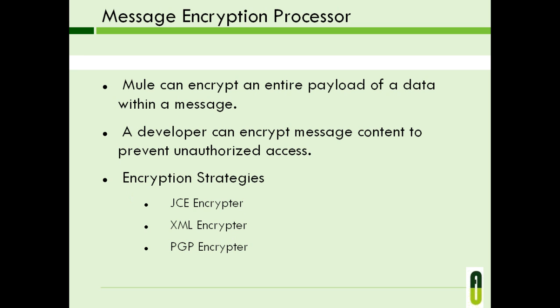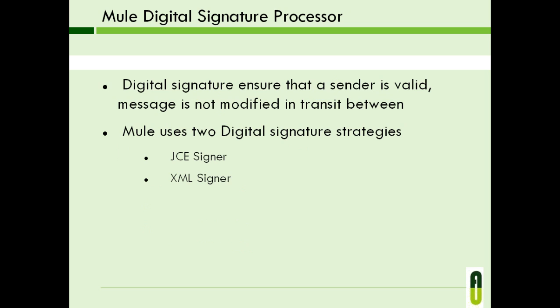Next one is digital signature. Digital signature is a process that guarantees that the contents of a message have not been altered in transit. Digital signature ensures that a sender is valid and the message is not modified in transit. Mule uses two digital signature strategies: XML signer and GCE signer.